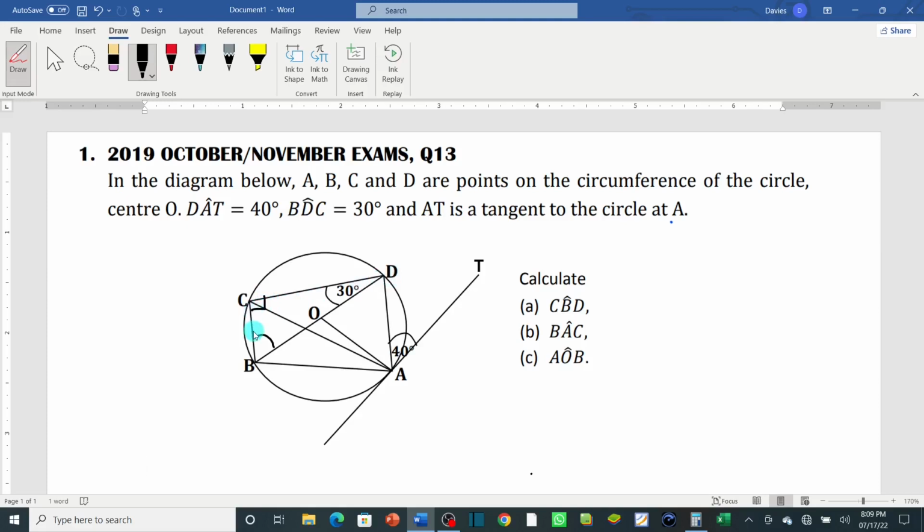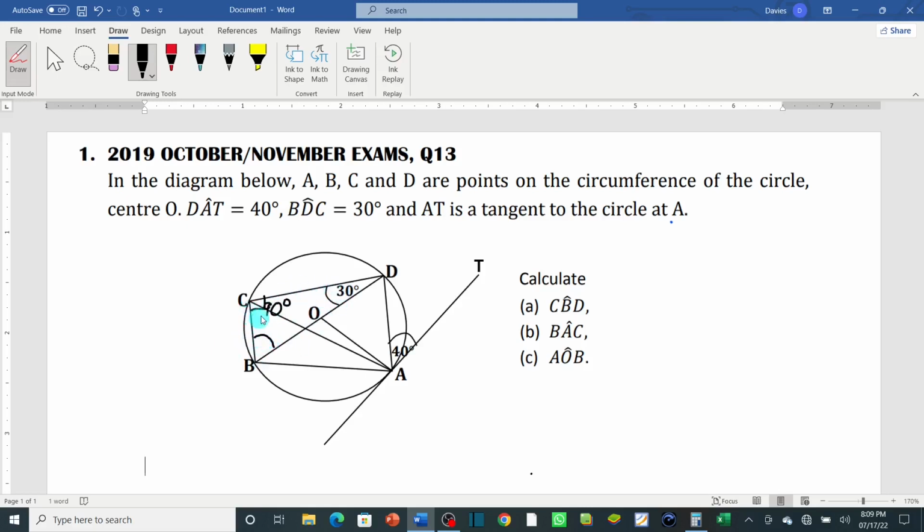All right, so this whole angle is 90 degrees. Then this BCD becomes a right angled triangle.